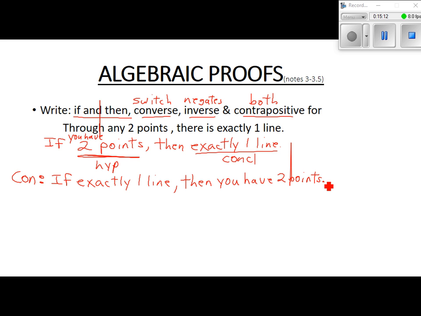We should have done this at the beginning and I didn't do it. Was the original statement true or false? It was true. I told you that like second day of school, right? First day of school maybe. 2 points make a line. How about the converse? Is it true or false? If you have a line, then you know you have 2 points. That's true also.